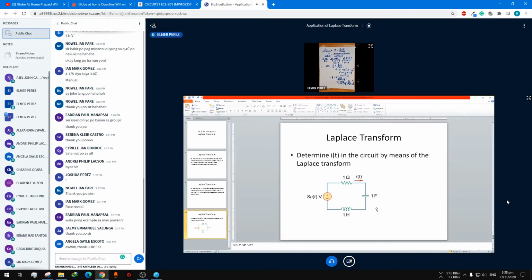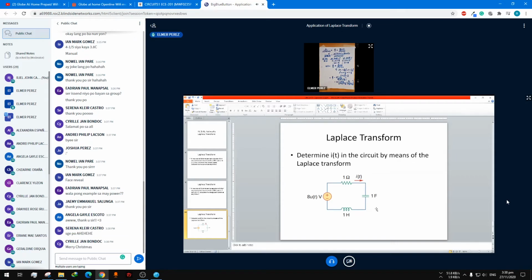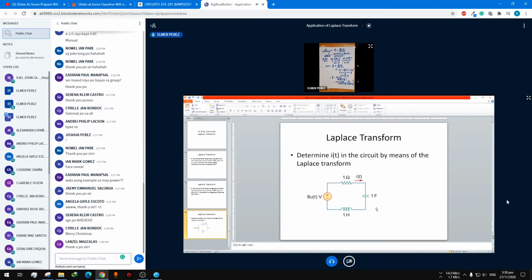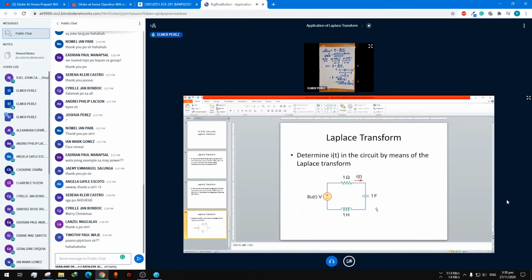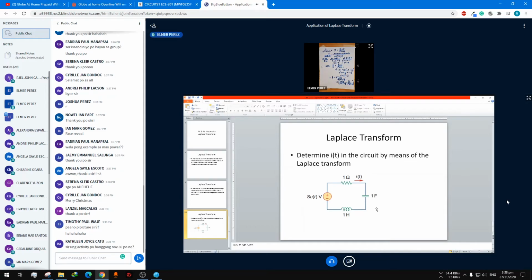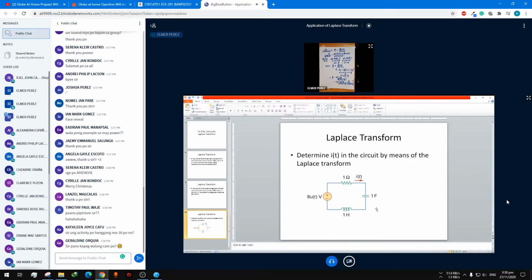Okay. Class, is it okay if we have a group picture? Kaya lang, sige, sandali. Kailangan pupunta tayo ng Zoom, no? Sa Zoom tayo pipicture. Ay, wala kayong camera. Totoo. Pero at least nandiyan naman yung name ninyo. So wait, I'll send you the link.